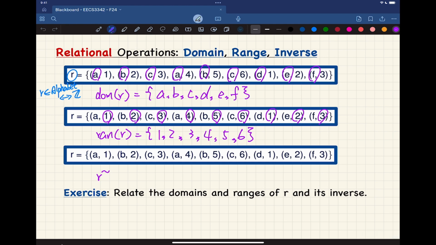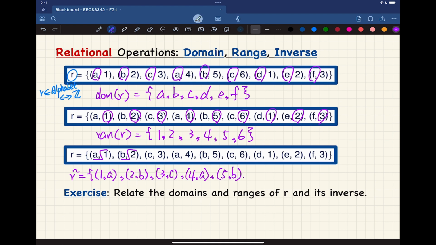And let's now try to enumerate them just for completeness. Reverse them, so that'll be 1A, and then 2B, etc. 3C, 4A, 5B.